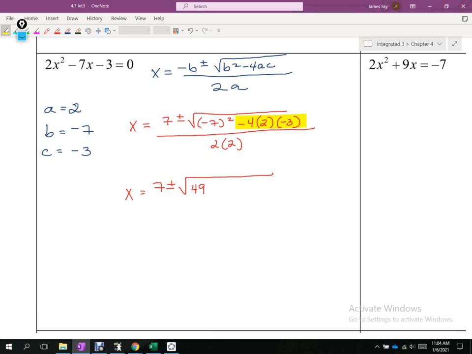Then you take -8 and multiply it by -3. And what's that give you? +24. So I'm going to hit plus 24. And the bottom is going to be 2 times 2, which is 4. Okay, so now in the next step, I'm just going to add together the 49 and the 24. And that gives you 73.